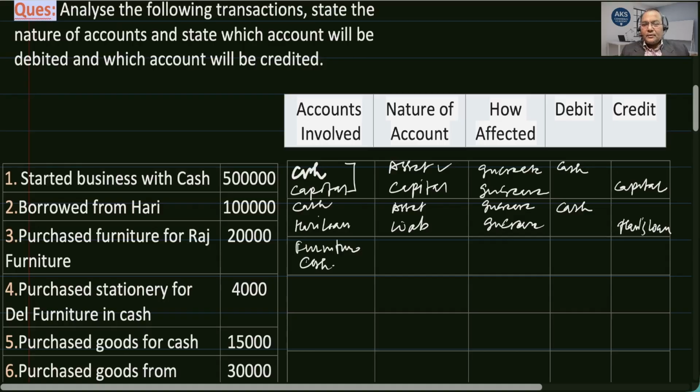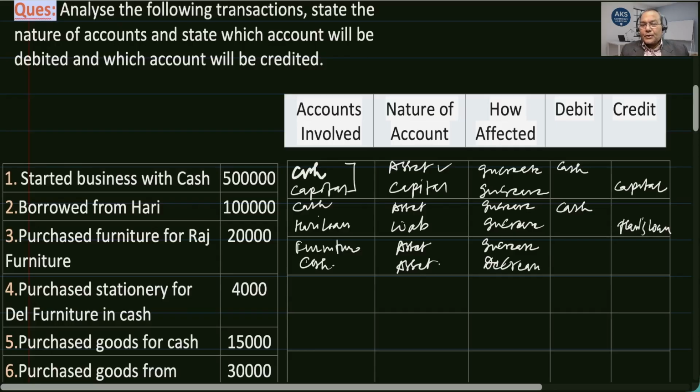So when there is furniture, nature of account, we have already discussed, this is asset, and cash is also an asset. So how we are going to write this? There is an increase in asset, so we will write increase, and cash is going out, so there is decrease, because we are making the payment in cash.